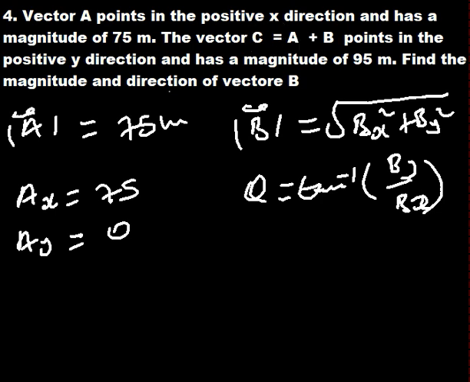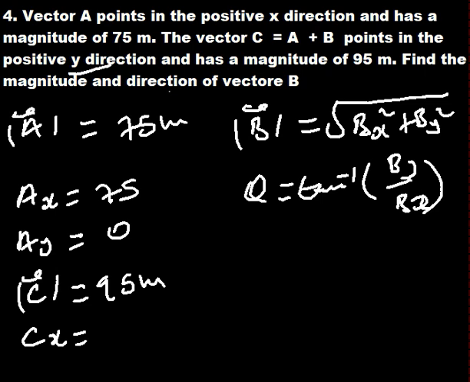The vector C has a magnitude of 95 meters, and we have its components. Since it is pointing in the positive y direction, the x component cx is 0, and cy is 95 meters, like that.